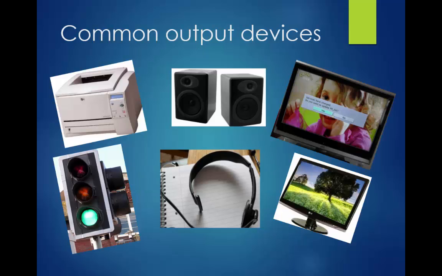These are some examples of common output devices. We can see a printer, speakers, a TV, the lights of a traffic light, the earphones of a headset, and a monitor. What all of those things have in common is that they give information to the user, which has a meaning to him.